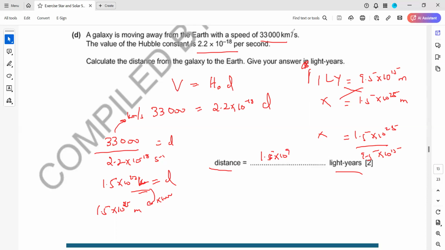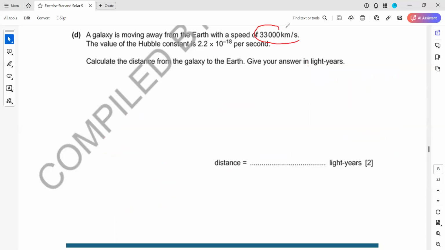You can even convert this speed into meter per second. If you want to convert into meter per second, you multiply by 1000. So when you multiply by 1000, this will be the speed divided by 2.2 into 10 to the power minus 18. This will give us the distance of the galaxy in meter. What's the answer for this?